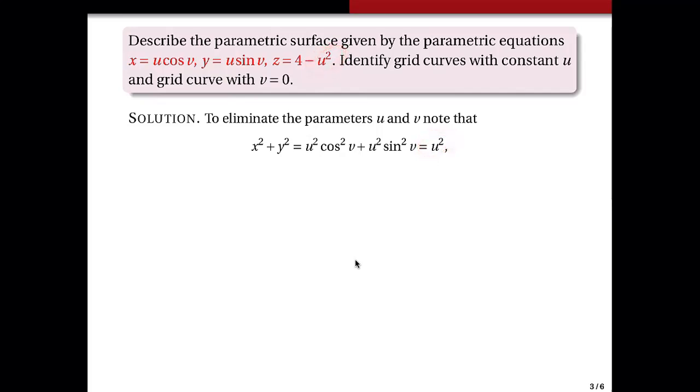So we can replace this u squared by 4 minus z, and therefore x squared plus y squared, which is equal to u squared, becomes 4 minus z. Or we can rewrite this as z equals 4 minus x squared minus y squared.